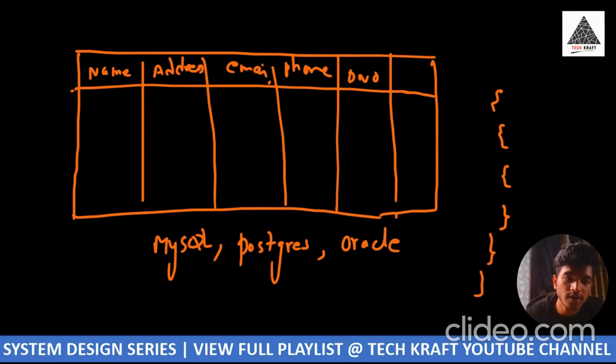I think you have not understood why I have drawn this, so let me erase. Up to now, you have understood what happens after clicking that submit button. Your data will be inserted into these tables. Think of this table as a database.